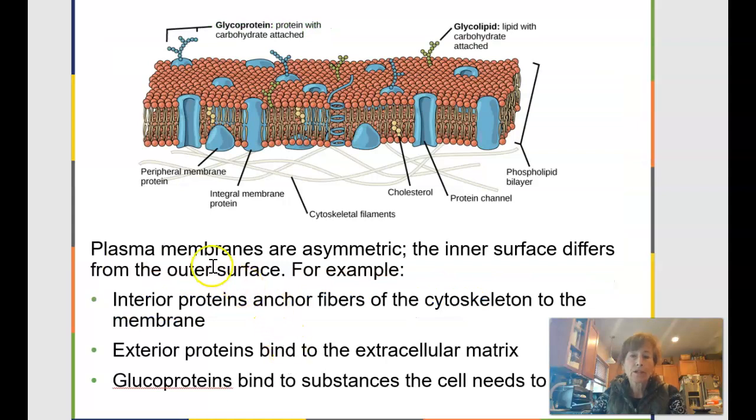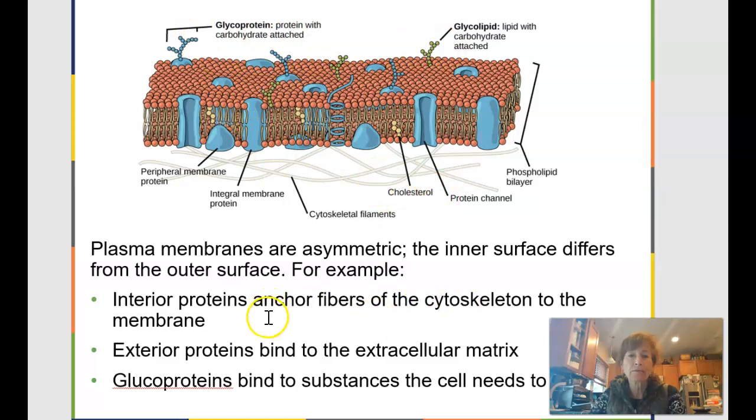The other thing you notice is that the plasma membranes are asymmetric, meaning that what you see on the interior, close to the inside of the cell, can be different from what you see on the exterior. That's the asymmetric part.